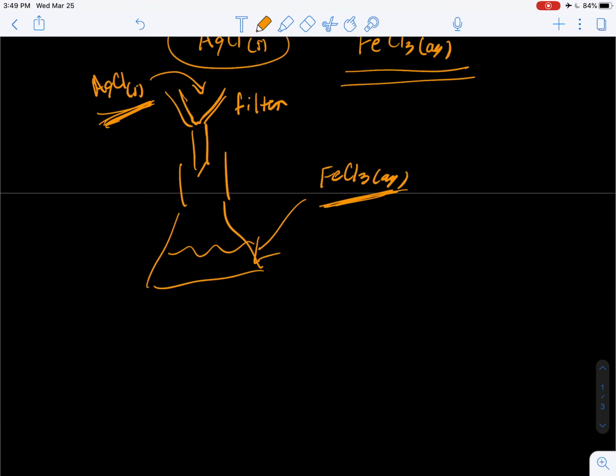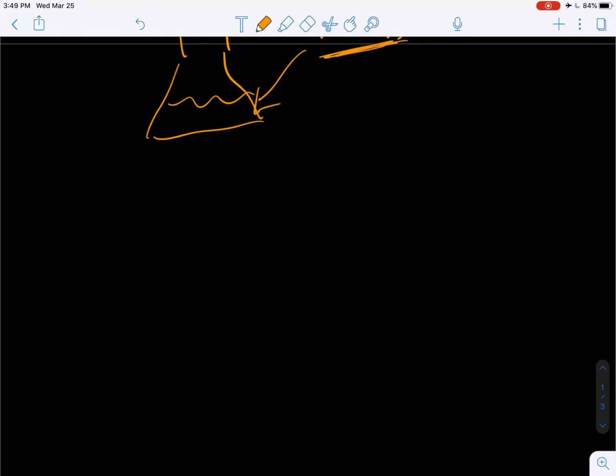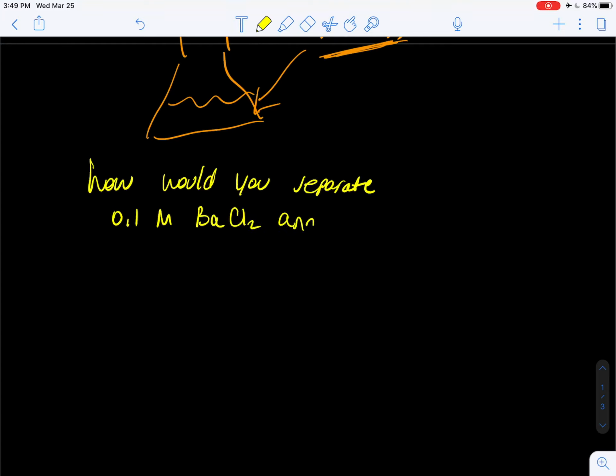Okay? So here's another example that you might like to try. How would you separate 0.1 molar barium chloride and magnesium chloride?